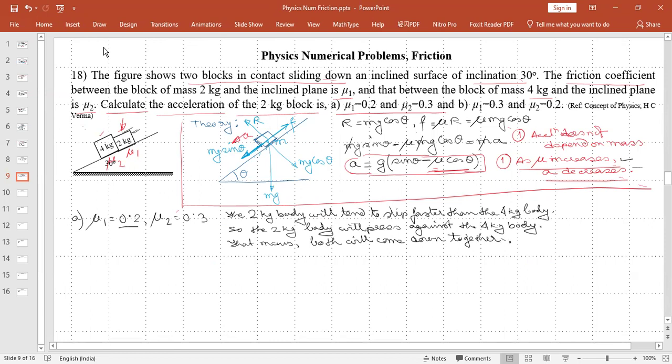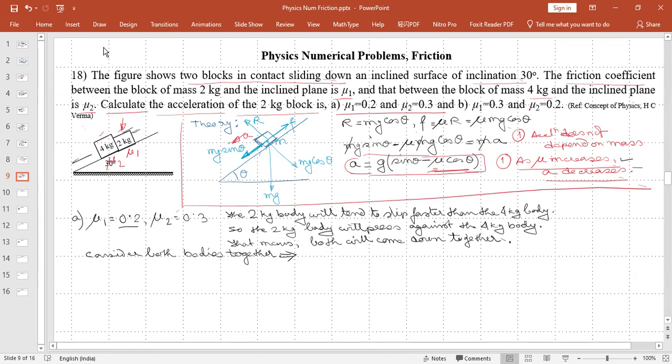Both come down together. Then what do you do? Consider both bodies together. If you consider both bodies together, then we can write the force equation.